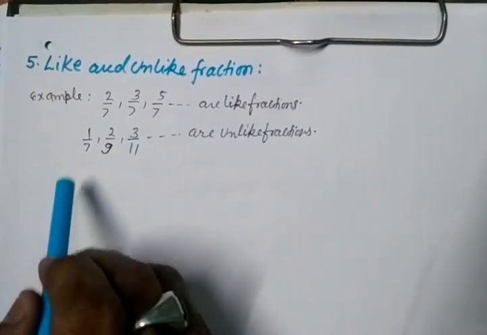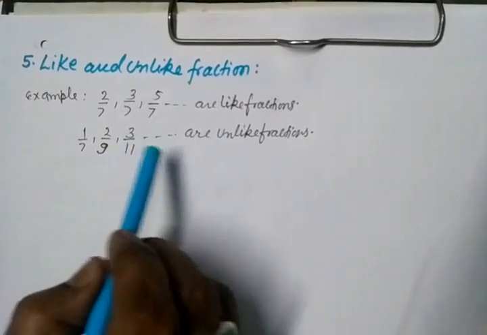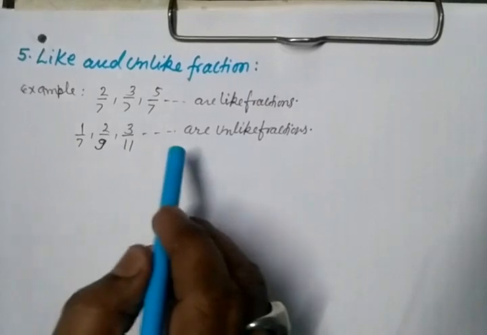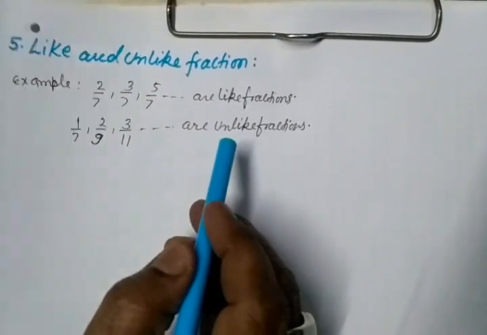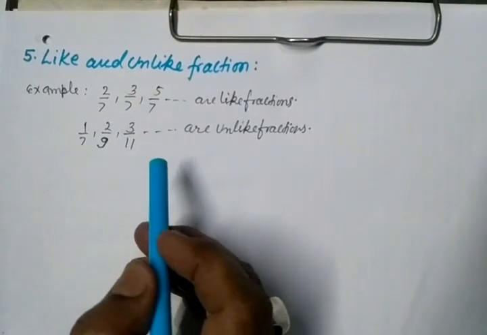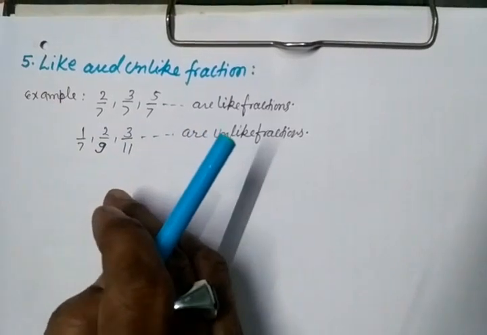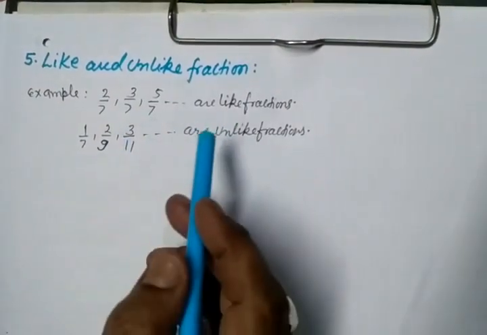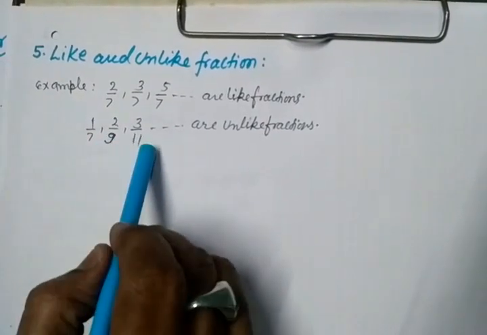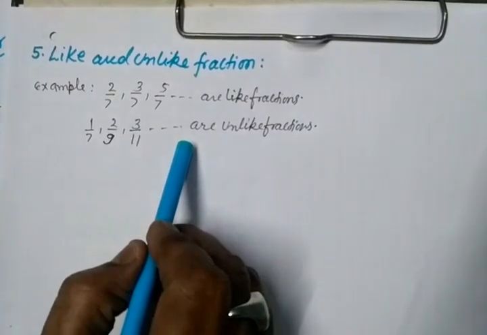In the second, the denominators are 7, 9 and 11, they are different. So these fractions are unlike fractions. Unlike fractions can be converted into like fractions by taking the LCM of their denominators.